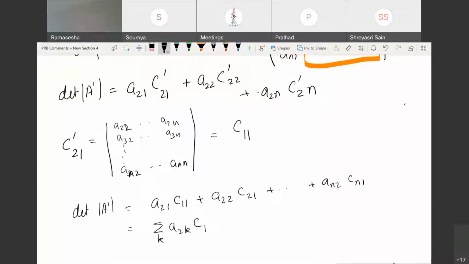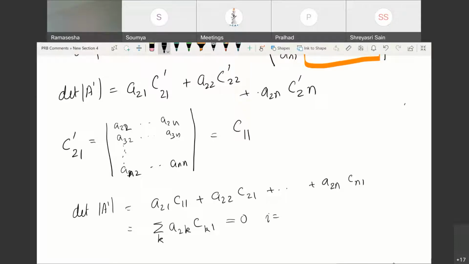Okay, and this is equal to 0. Sir, A2N, how, sir, AN2? A2N it is. Okay, so I'm summing over the second index. So this is equal to 0, and here I have I equal to 2, L equal to 1. So that has to be 0.